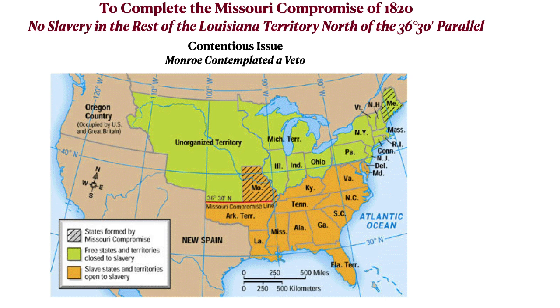And so to round out the Compromise of 1820, or Missouri Compromise, as it sometimes is called, was the idea that Missouri would enter as a slave state, but no further slave states would be admitted north of Missouri's southern boundary, 36 degrees 30 minutes north latitude. And so that would have allowed slavery in Arkansas, which was not yet organized as a state, but not north of that line.